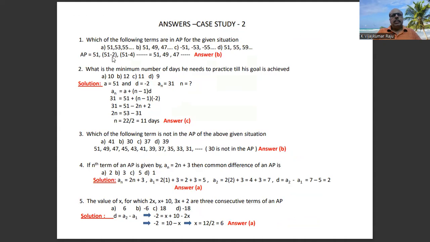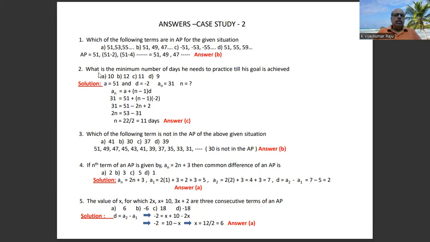Third day again it reduces by 2 more, so it becomes 51 minus 4, and so on. So your first term is 51, second term is 49, third term is 47, and so on. If you see this, your answer is B option. The answer is B option.